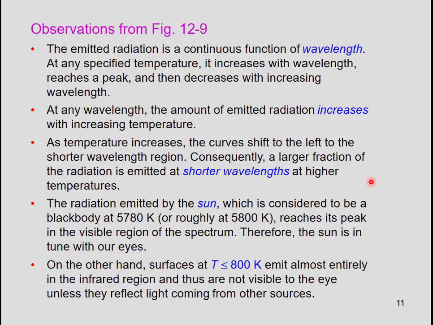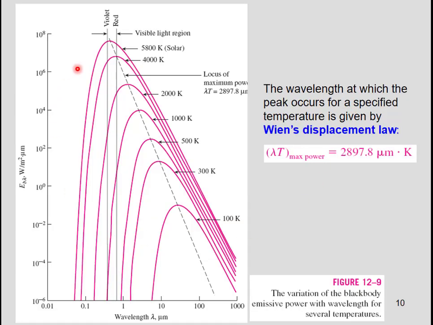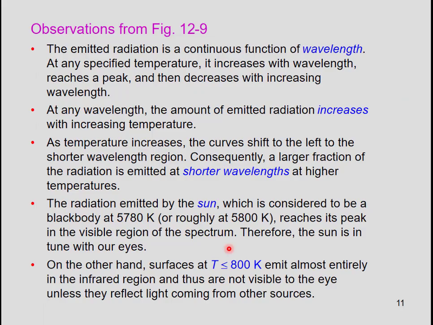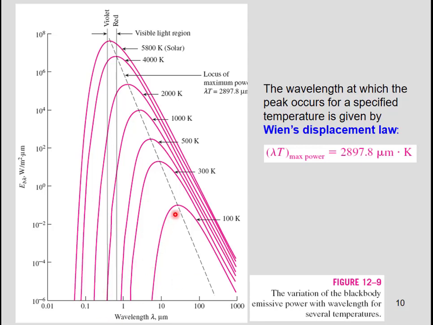And these observations are also listed here. The emitted radiation is a continuous function of wavelength. You can see here it is a continuous function. And at any specified temperature, it increases with wavelength, reaches a peak, and then decreases with increasing wavelength, like what you can see here.